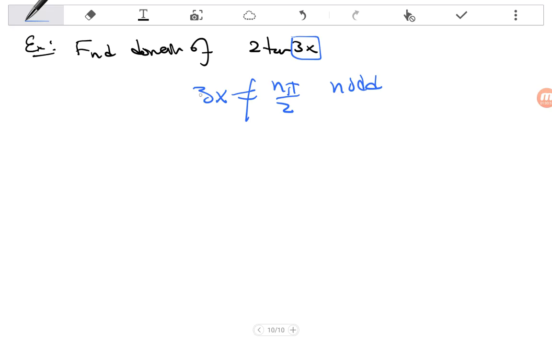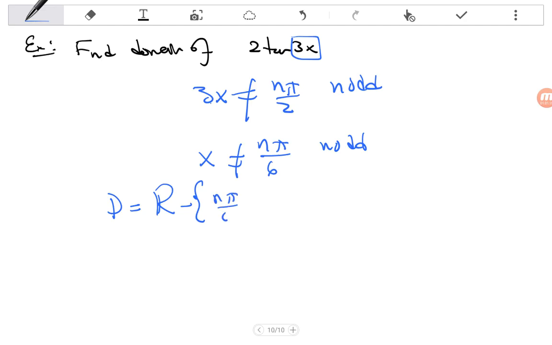So you just need to exclude these values from the domain. So when I say 3x is not equal to n pi over 2, this is equivalent to, dividing by 3, x not equal to n pi over 6 with n odd. And we can say that the domain will be R except n pi over 6, n odd.